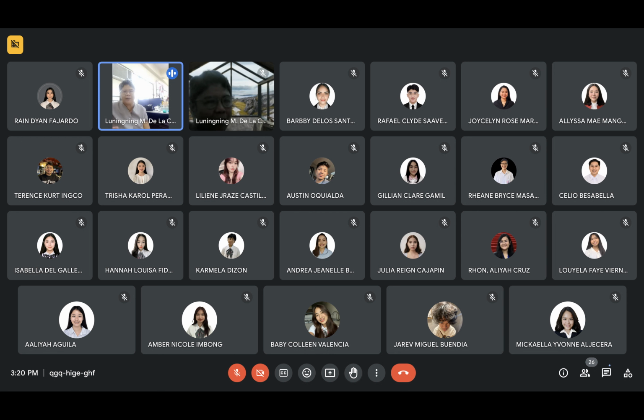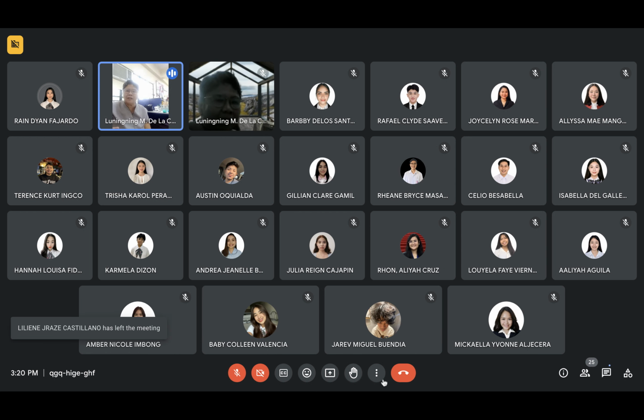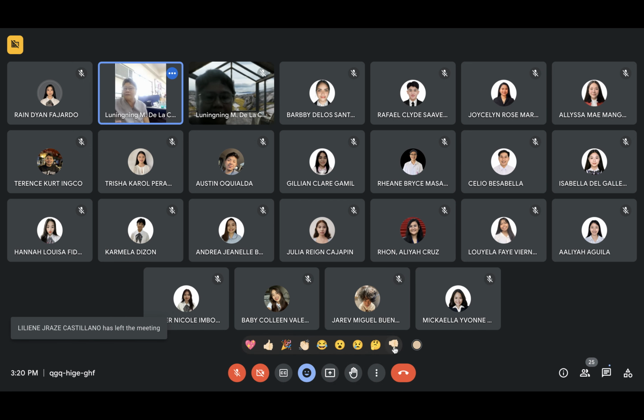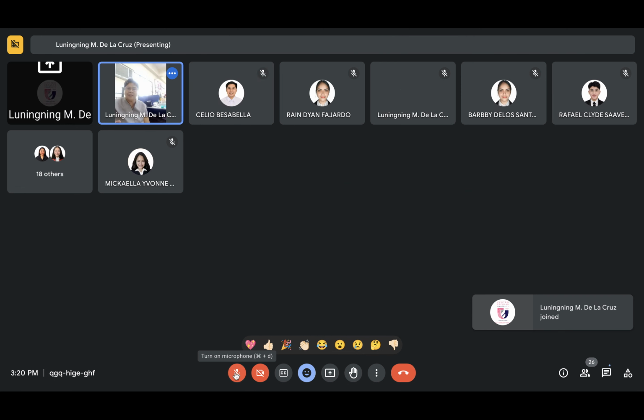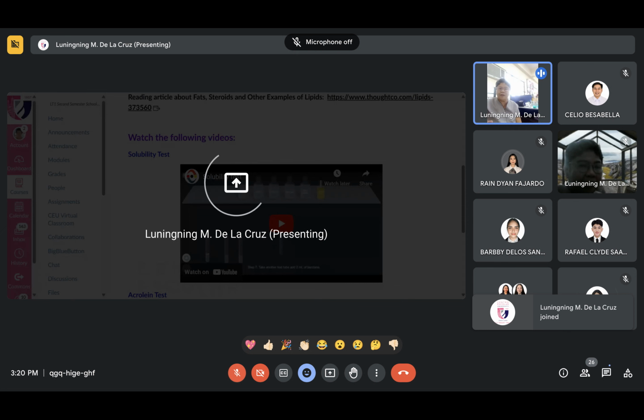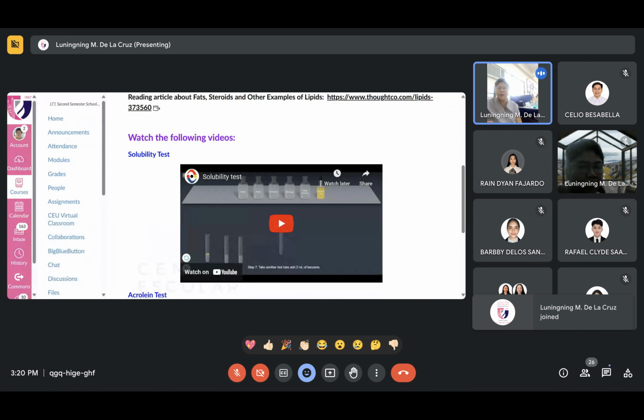Based on our experiment last meeting, are lipids soluble in water? No, they aren't soluble in water. Most of them are soluble in petroleum ether. Why is it so? Because our lipids is a non-polar molecule, right?